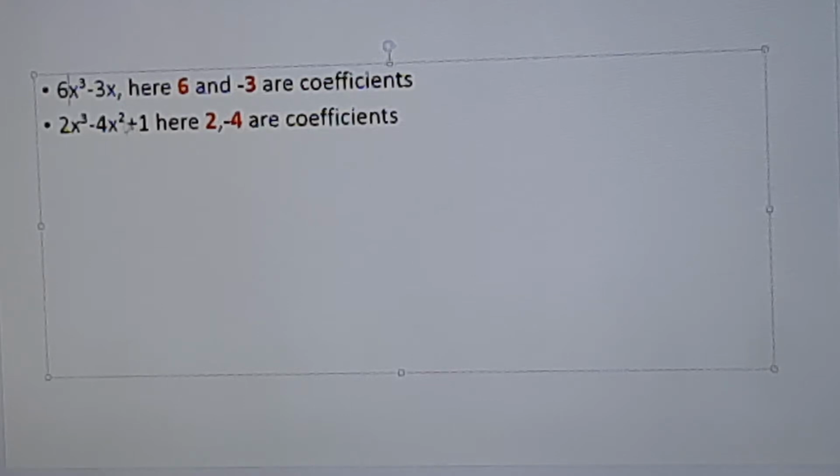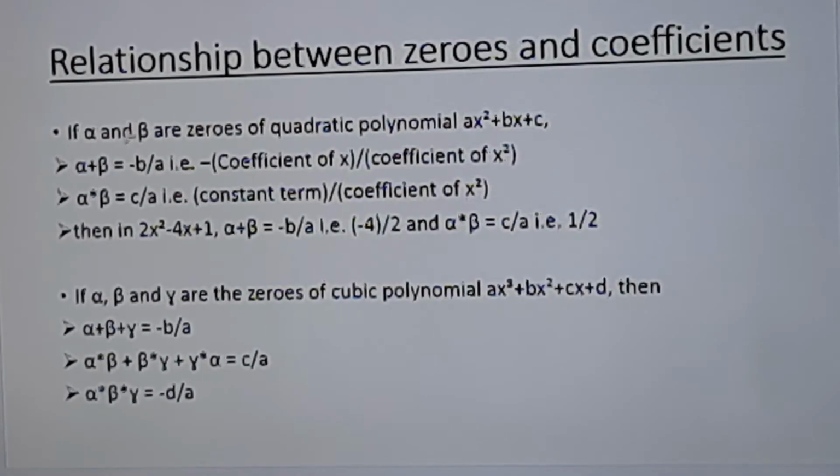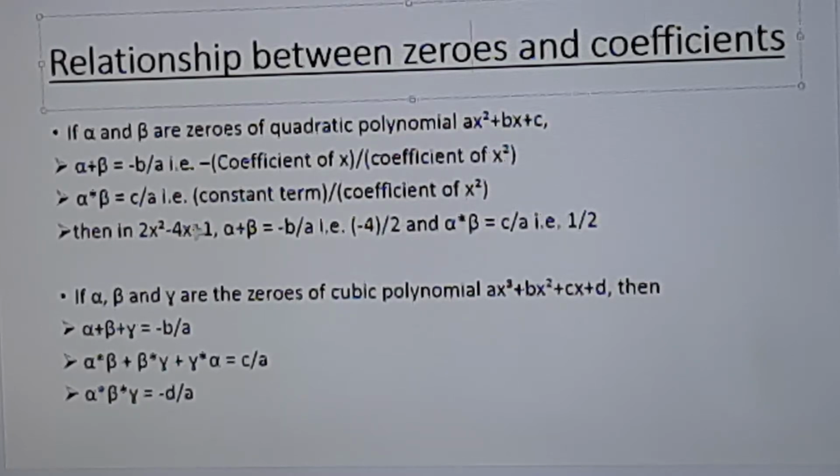We will take one more example, 2x cube minus 4x square plus 1. Here coefficient of x cube is 2 and coefficient of x square is minus 4. Now you know what is the meaning of zeros and coefficients. So let's understand the relationship between them.